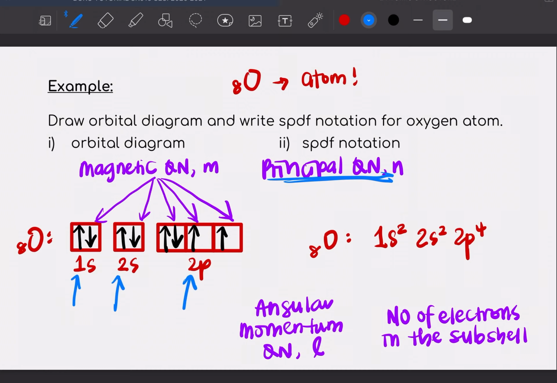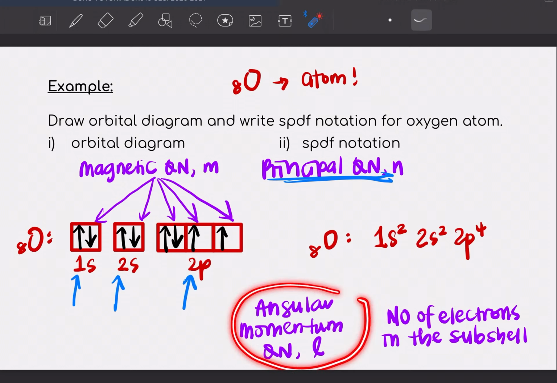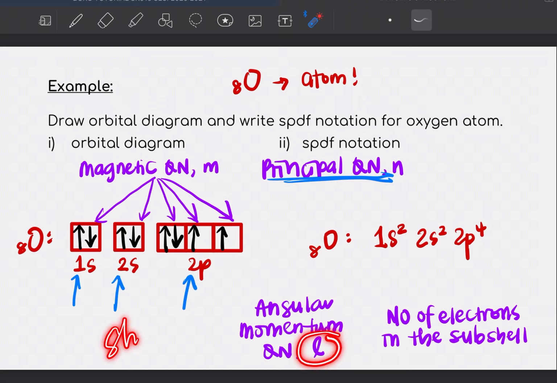Another thing that you have is your angular momentum quantum number, which is L, which gives the shape of your orbital. So which one will that be in your electronic configuration?